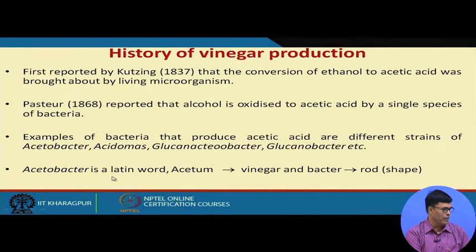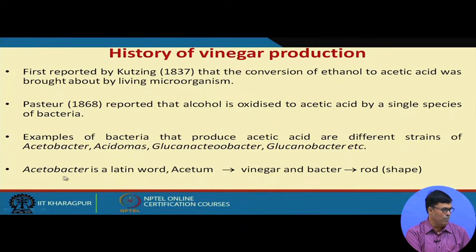Acetobacter is a Latin word. Acetum means vinegar, and bacter means rod shape. So Acetobacter aceti, which is used mostly for the vinegar fermentation process, is rod shaped, and it produces vinegar, that means it produces acetic acid.